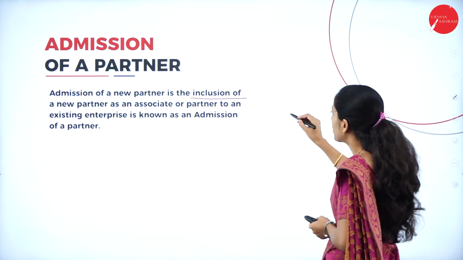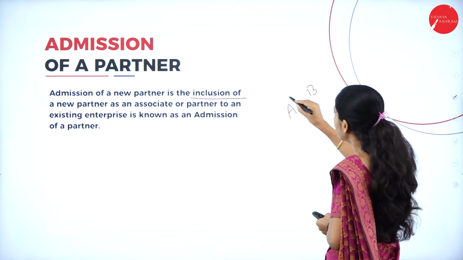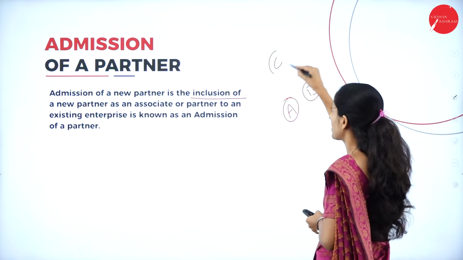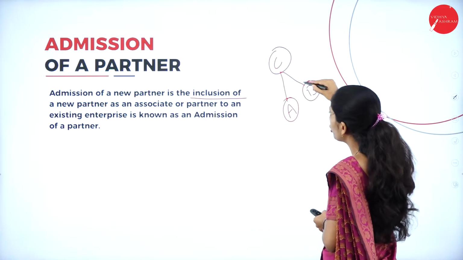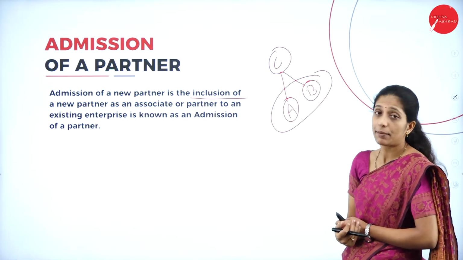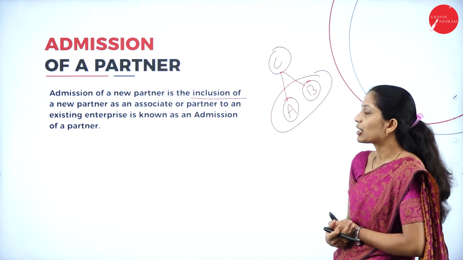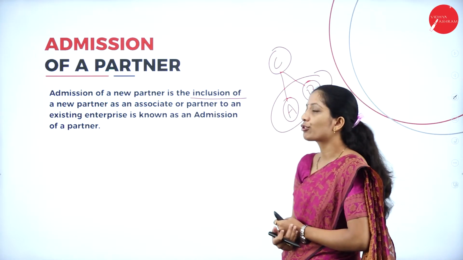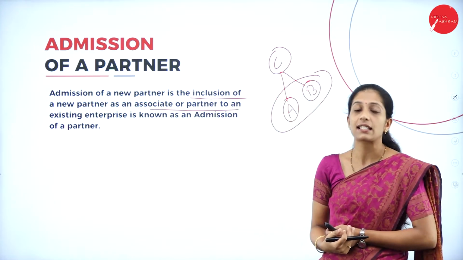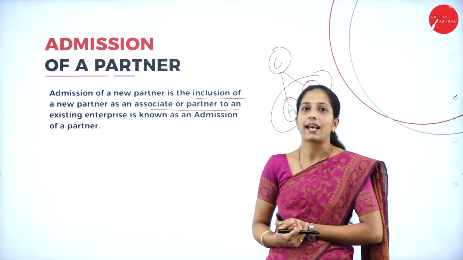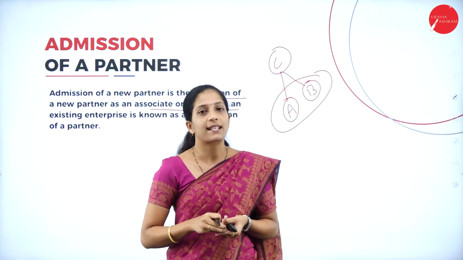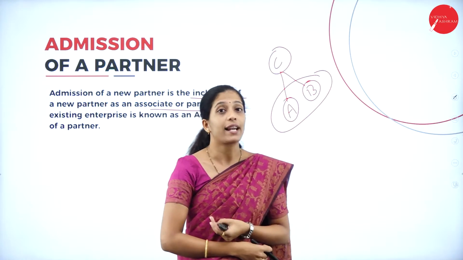For example, if there are two partners A and B, and a new partner C wants to enter the partnership firm, the arrival of the new partner is called admission of a partner. So if a new partner enters into an existing partnership firm, it is called what?